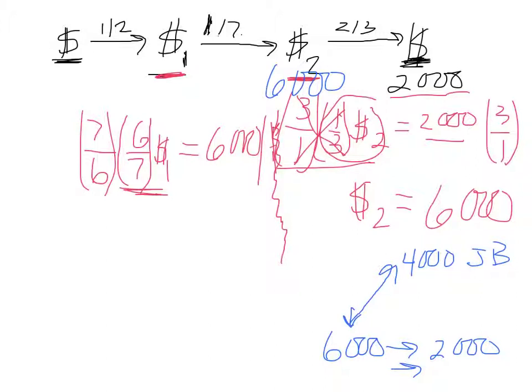So 7/6. I know it's hard to see there. The 7's cancel, the 6's cancel, giving us money sub 1. If you have 6,000 times 7/6, 6 goes into 6,000 1,000 times, leaving me a 1 here. 1,000 times 7 is 7,000, divided by 1, 7,000.